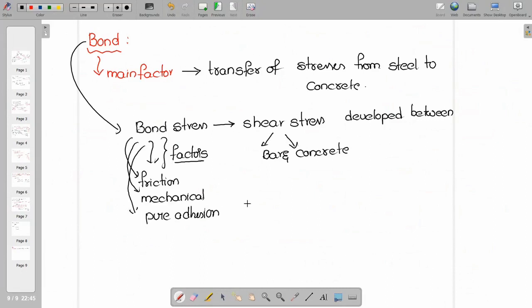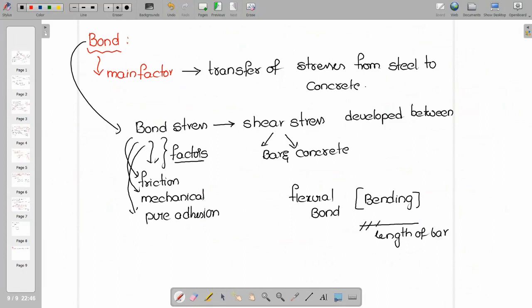In types of bond, we also talk about flexural bond. Flexure means bending. Flexural bond is developed when the length of the bar is more, or you can say flexural stress developed along the length of the bar.